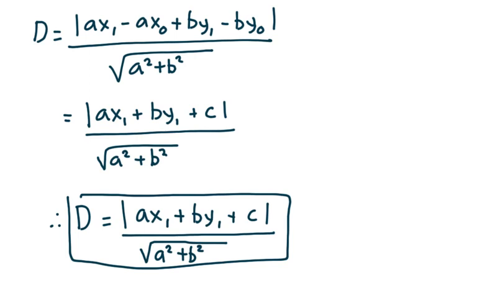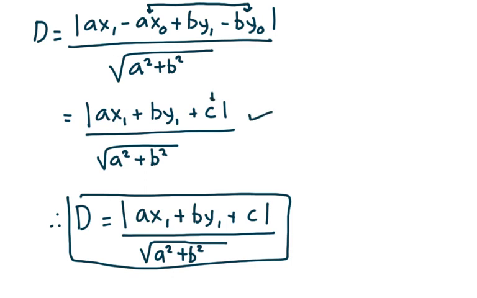So D is the absolute value of ax1 minus ax naught plus by1 minus by naught divided by the square root of a squared plus b squared. Now remember, if I take negative ax naught and I subtract by naught, that's equal to c.